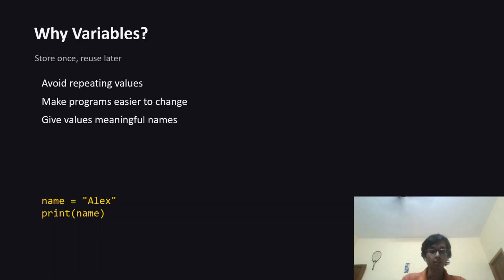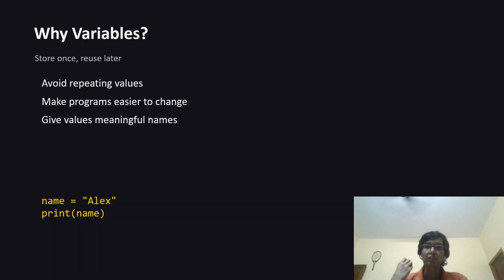Why do we use variables? We just learned print, right? So why use variables? A variable, the way it suggests, is to store a value. It is to store once and reuse later on.